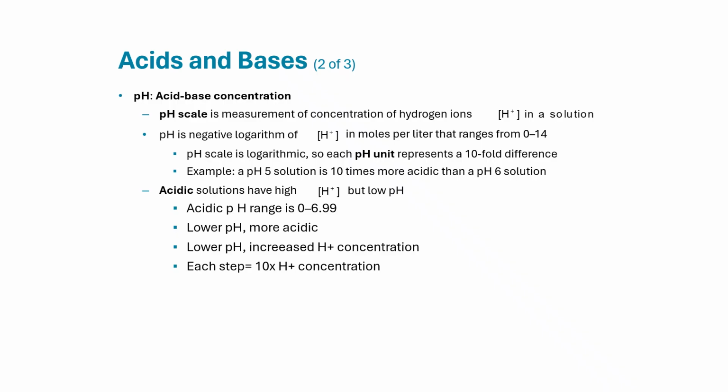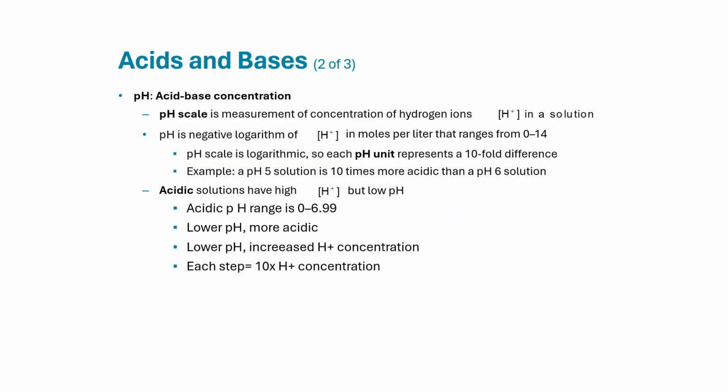In each step, going from 4 to 5 has 10 times the hydrogen concentration. So 4 has more hydrogen ions than 5, and 5 has more hydrogen ions than 6. 5 has 10 times as much hydrogen concentration as 6.